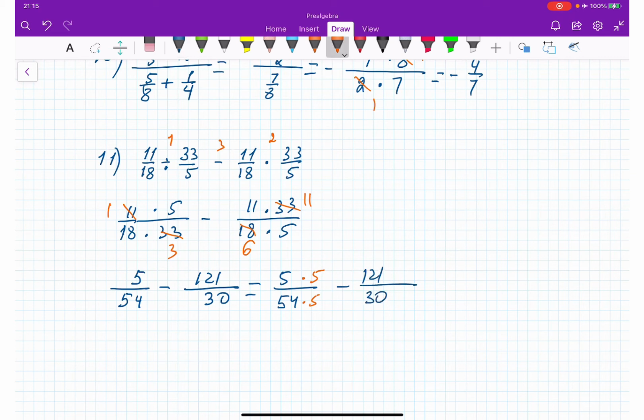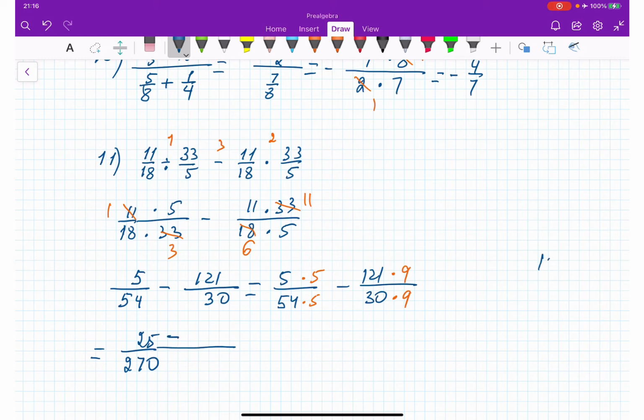So I have to multiply by 9 to get 270, right? Here also by 9. And the result is 54 by 5, 270, here is 25. And let's do minus, because both of them are 270.